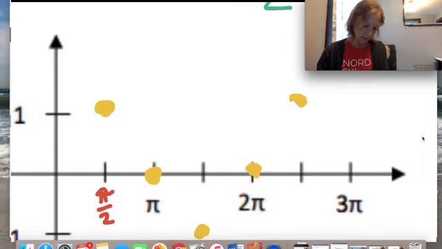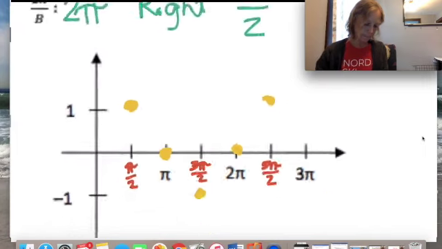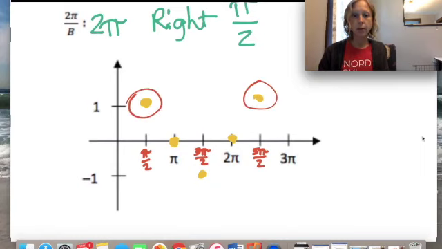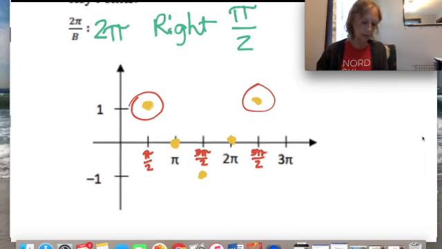This is a 3 pi over 2. This is a 5 pi over 2. Notice the distance between my first point and my last point is 2 pi. I kept that period of 2 pi when I did this.